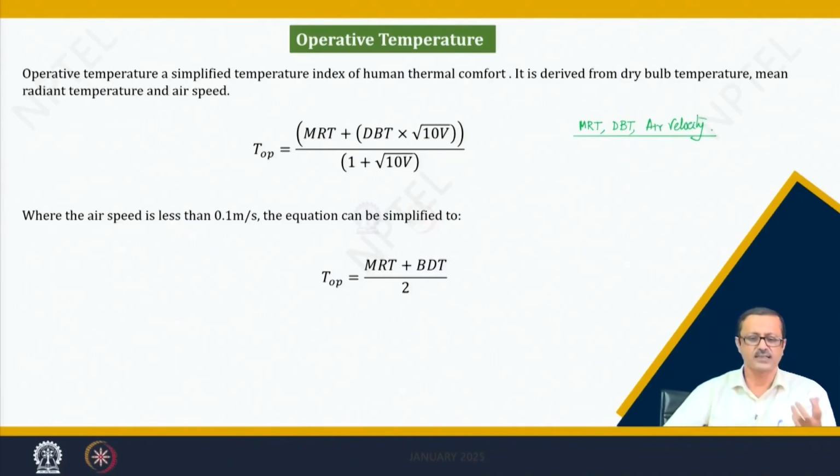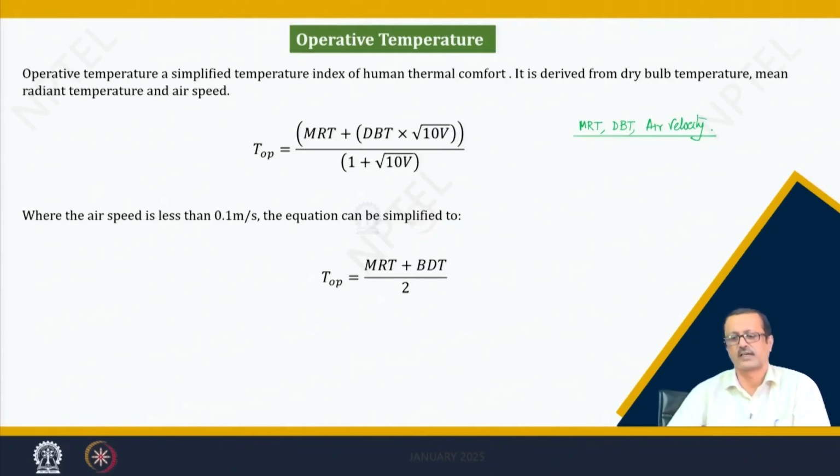Where the air speed is very low, mostly a stagnant scenario, 0.1 meters per second or below, then this bracketed term, or the under-root term, will be 0 or very small, and then it can be redefined.